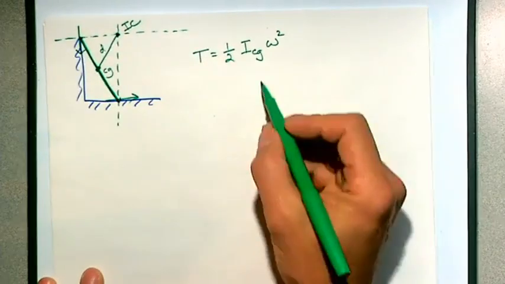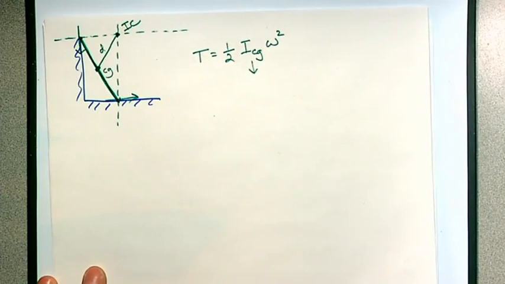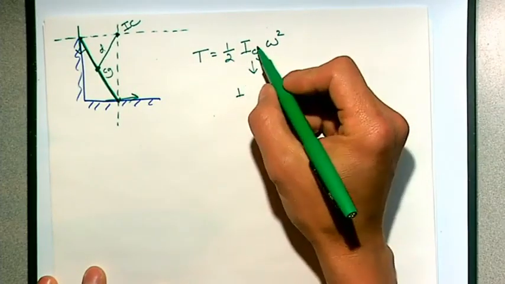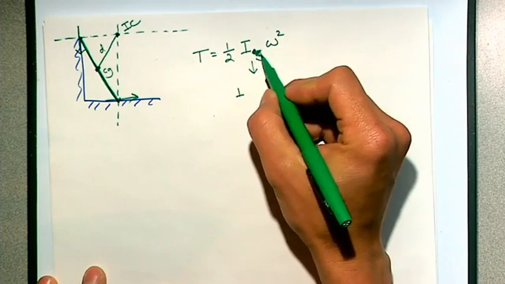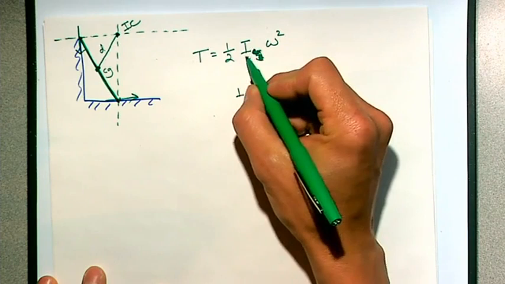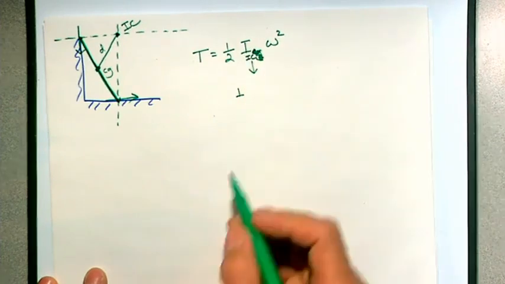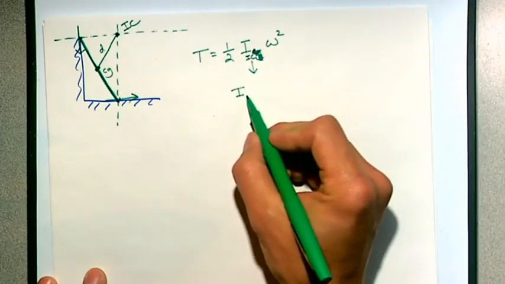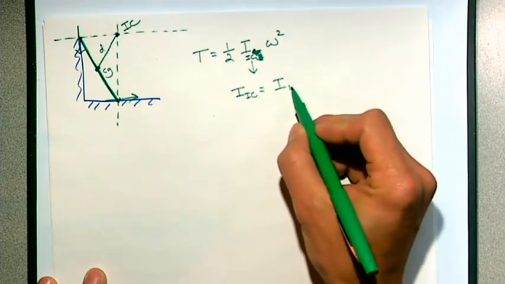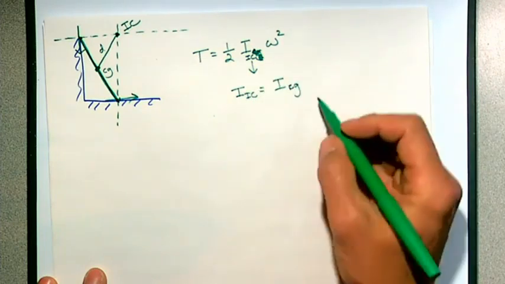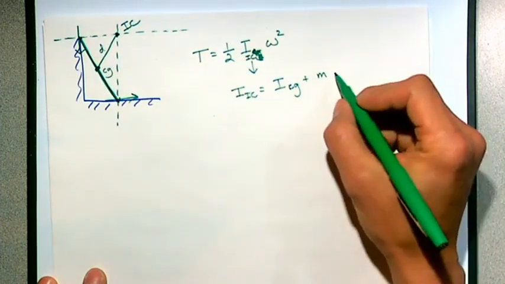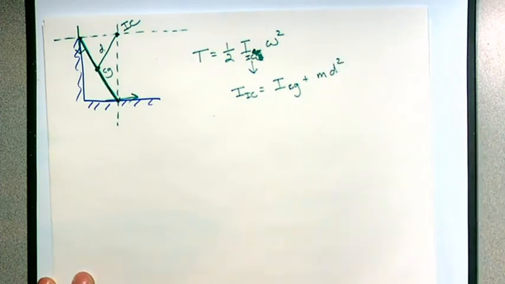Maybe that's some distance d. Our CG, this isn't CG, this is IC, I'm sorry. So my moment of inertia with respect to the instantaneous center is going to be equal to my moment of inertia with respect to the CG plus the parallel axis shift, mass times the distance squared.